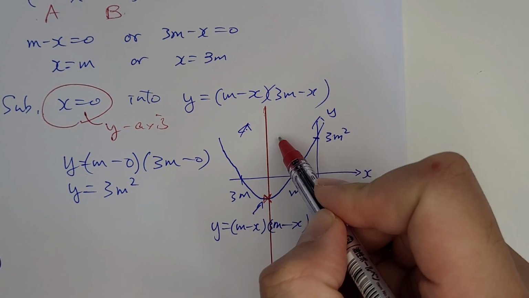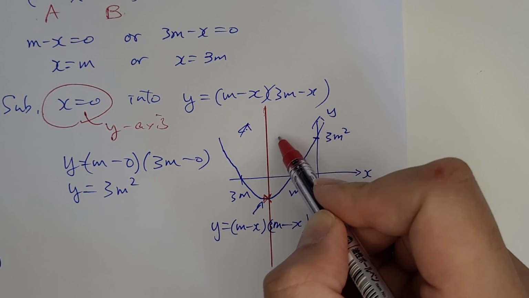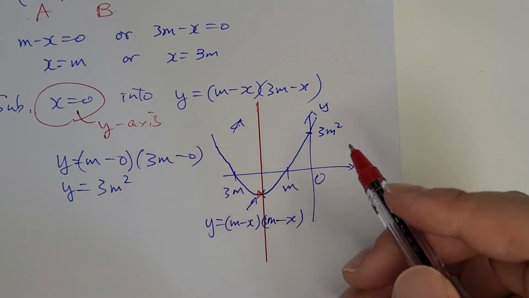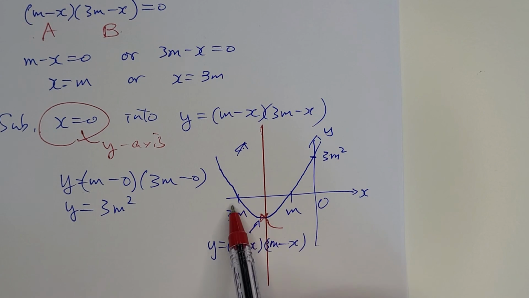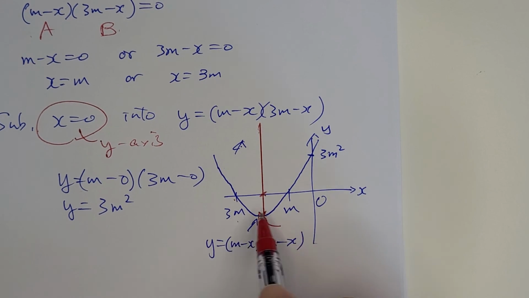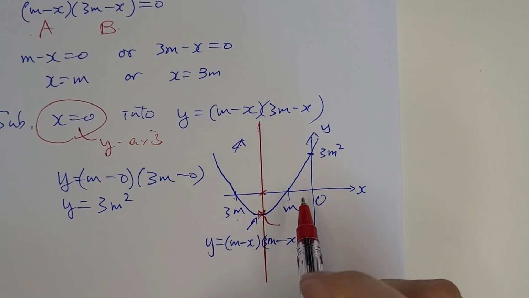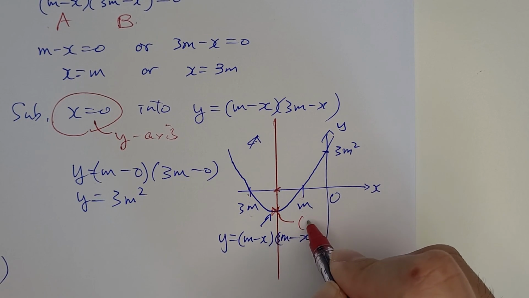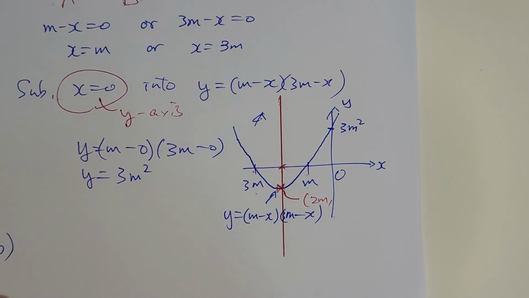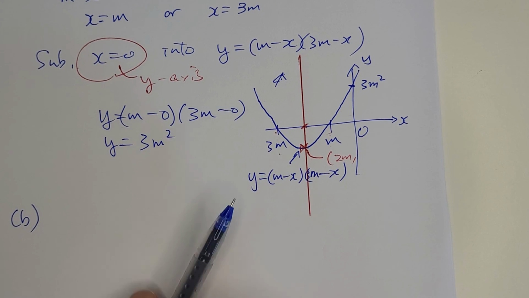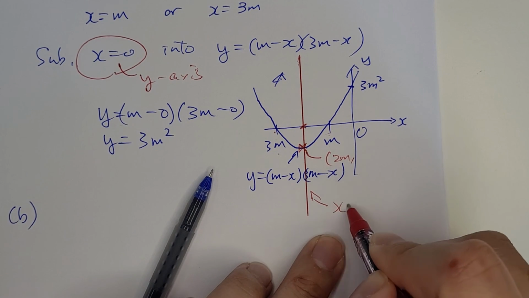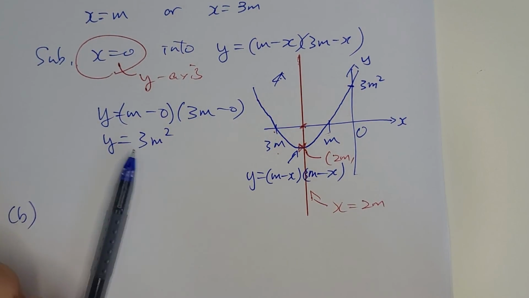That means when we draw the axis of symmetry here, this graph will be left-right inverted, and the x coordinate of the vertex will be the midpoint of these two x-intercepts. So the x coordinate will be 2m. Then we will say the axis of symmetry is x equals 2m here.